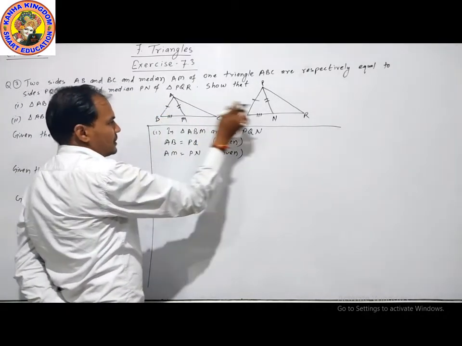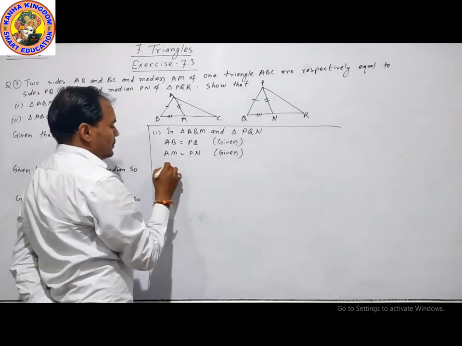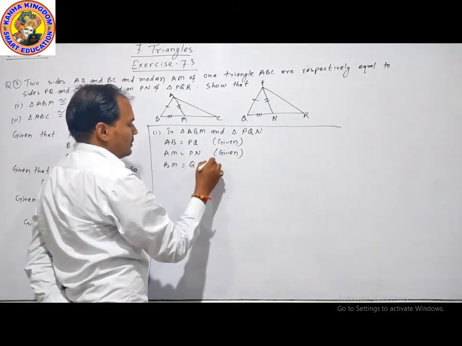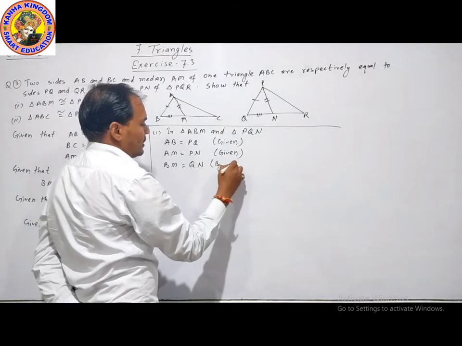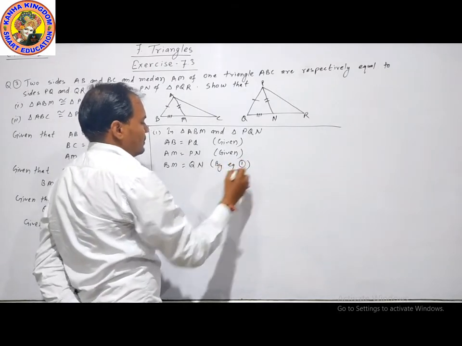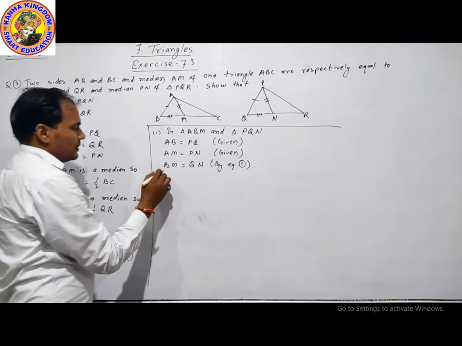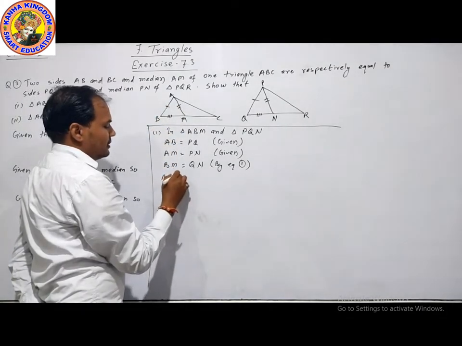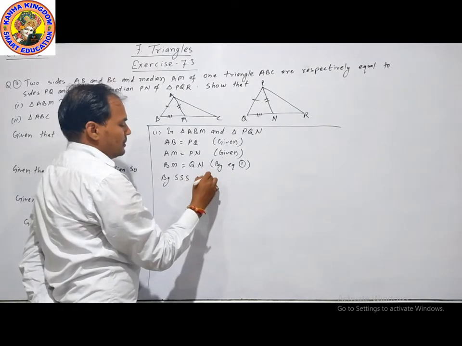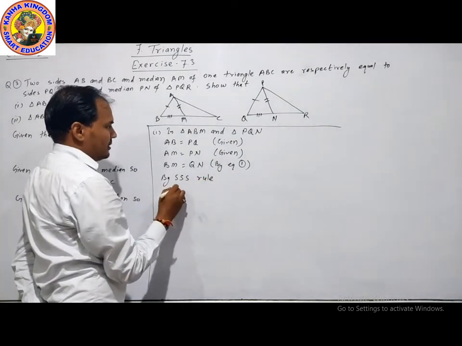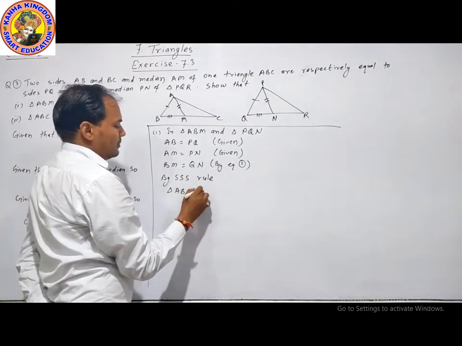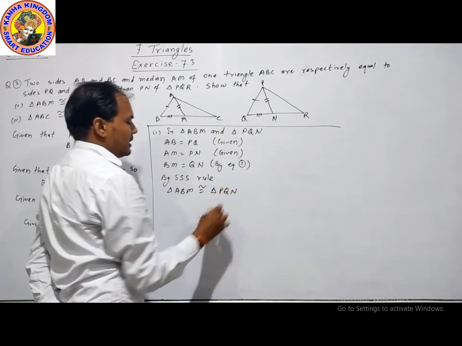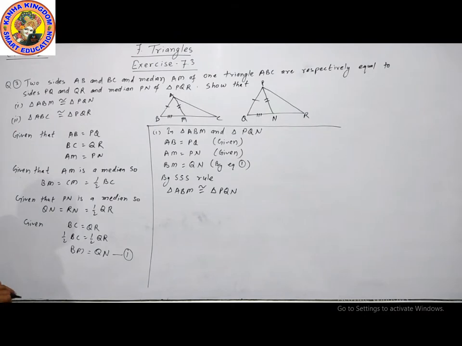Now BM is equal to QN by equation first. So using the SSS rule, these triangles are congruent. Triangle ABM is congruent with triangle PQN.